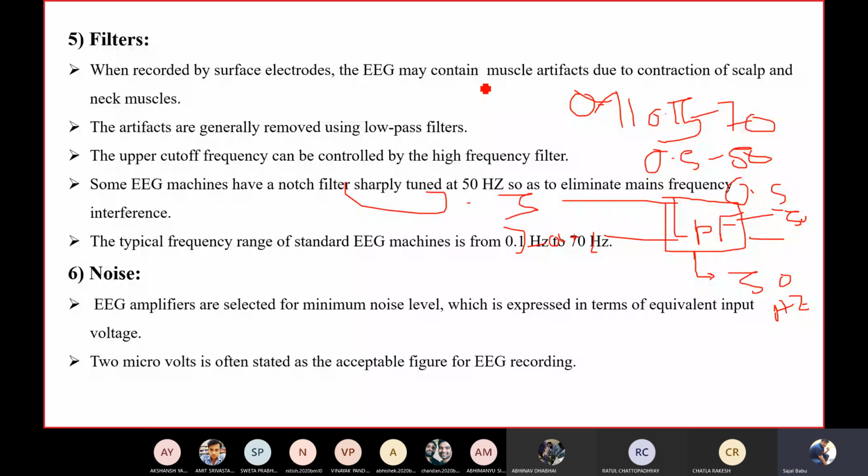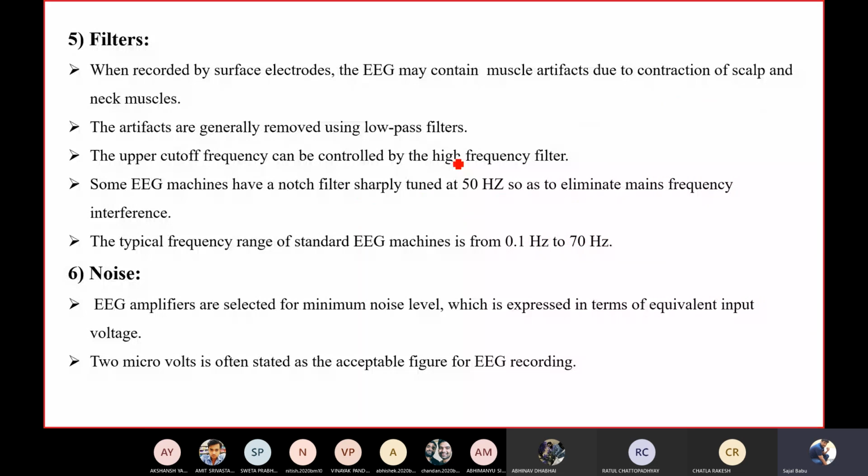Okay. So yeah, समझ में आया? Have you understood how the filters are working here? So बताओ, have you understood filters, how the filters are working here?